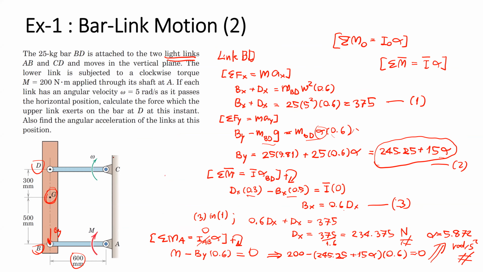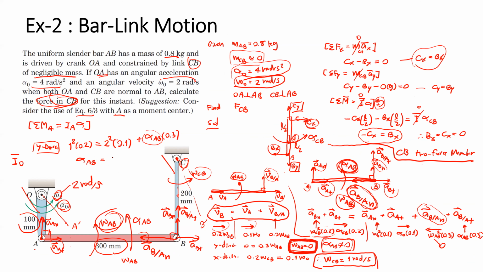It will be minus. So alpha AB is minus by solving this equation.